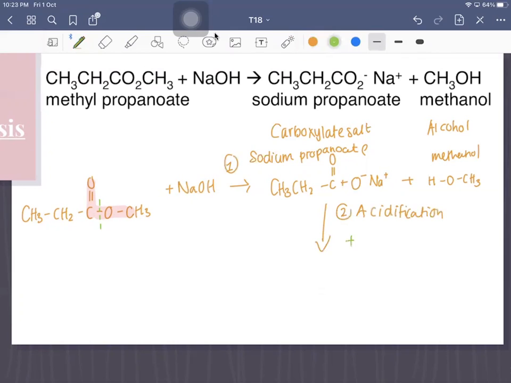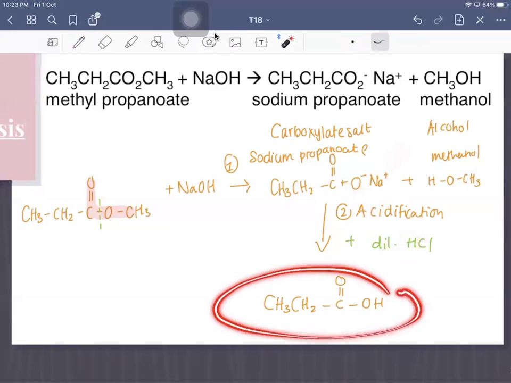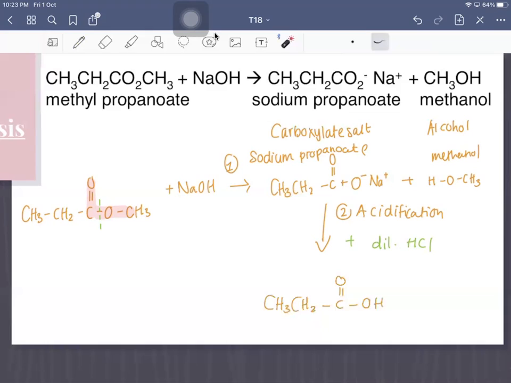And for acidification, you just use any acid, use a dilute hydrochloric acid, and your salt will be converted into acid just like that. What happens is the hydrogen ions from the HCl will be picked up by the propanoate ion and the sodium ion will be kicked out. Okay, so that's why you get a propanoic acid in 2 steps.